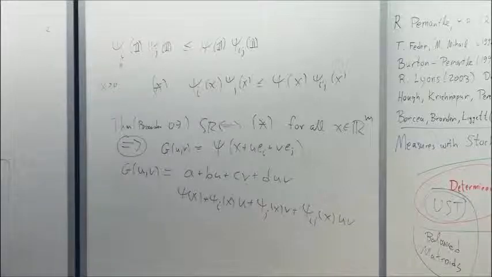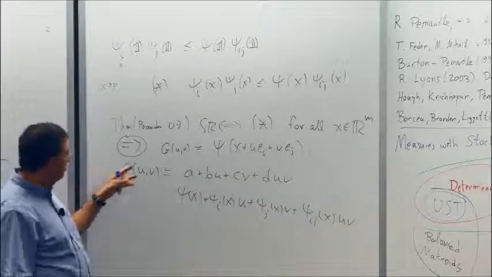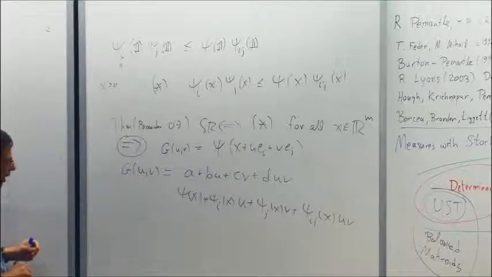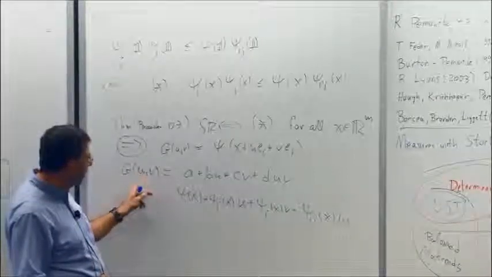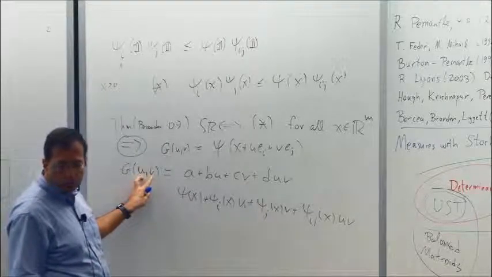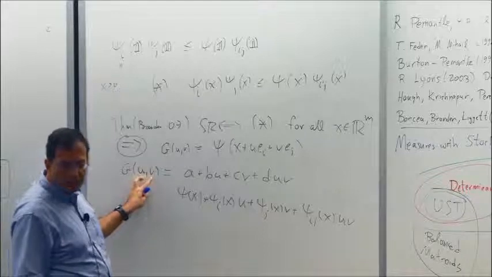And the fact that psi is stable, has no zeros in the upper half space, implies that G is stable. So G cannot have zeros where both u and v are in the upper half space.